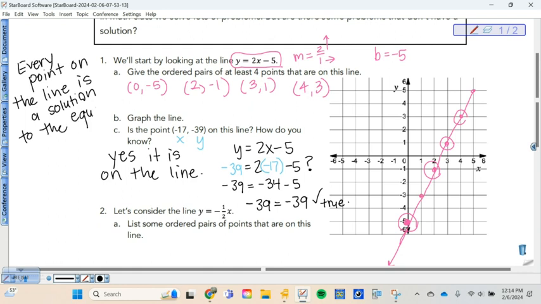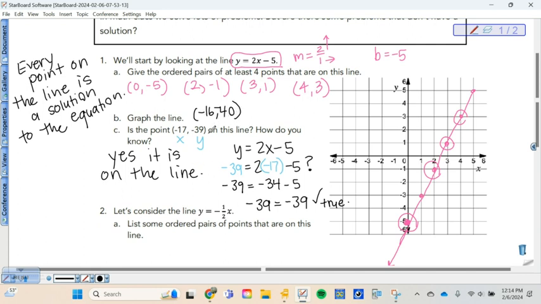Couldn't you just tell this is true because both are negative, and the line is heading into the double negative quadrant? Yeah, but what if I said negative 16, 40, negative 40? That doesn't work, but they're both negative.